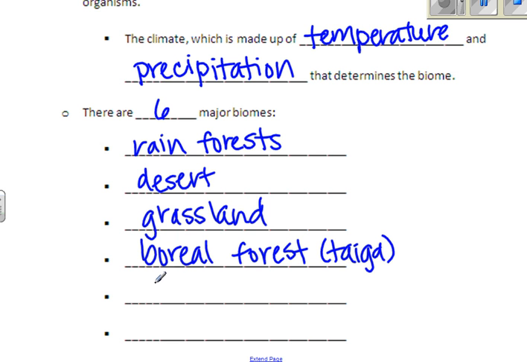We're going to talk about the deciduous forest, and also the tundra.